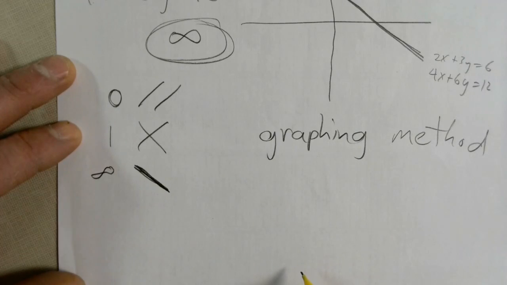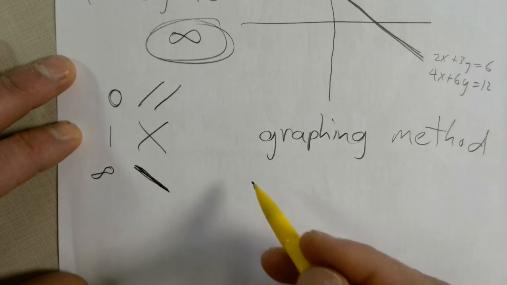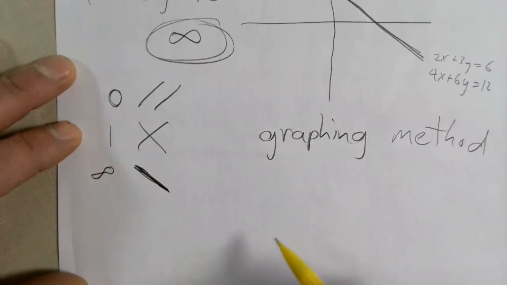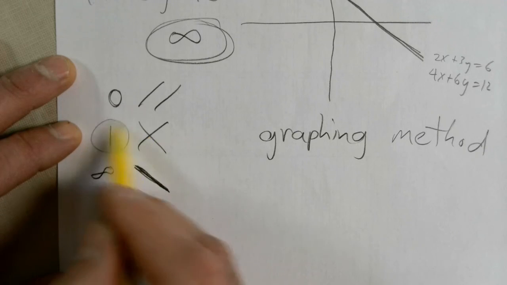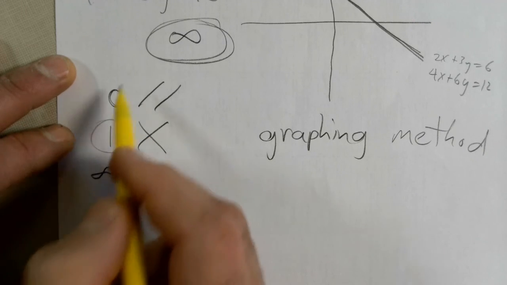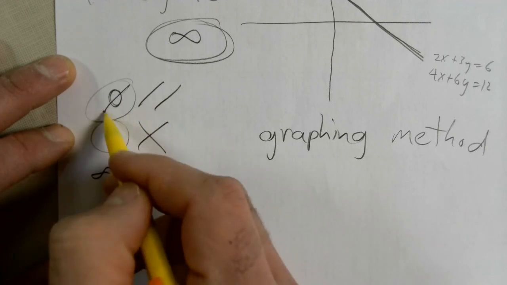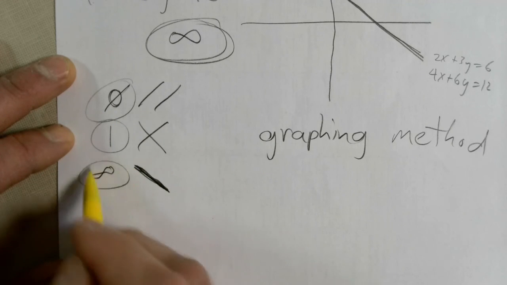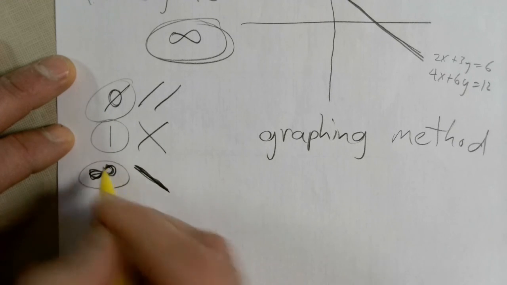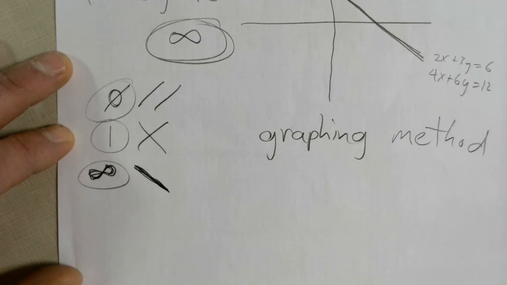The graphing method involves drawing both graphs on the same axes, the same coordinate plane. And if the lines intersect, one answer. If the lines are parallel, no answers. And if the lines are the same, an infinite number of answers. Okay, that's it. Let me know if you guys have any questions.